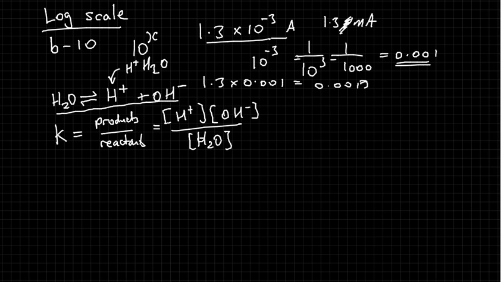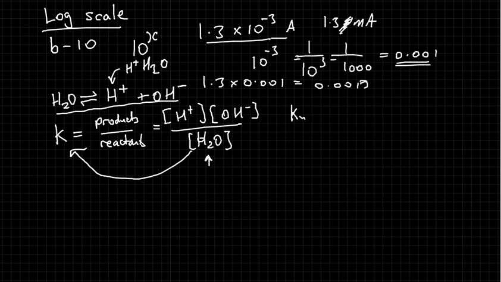Now the concentration of water is basically constant, and the amount of hydrogen and OH minus produced is very, very small, so we usually multiply this through to give us kW.